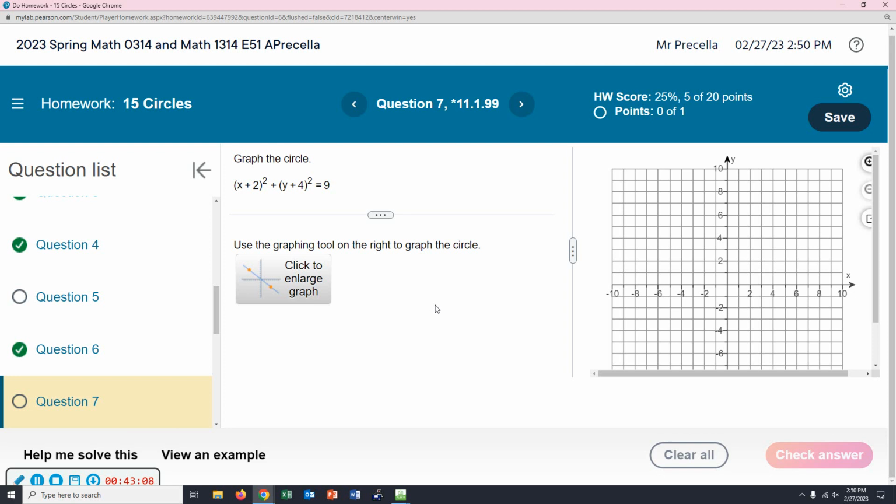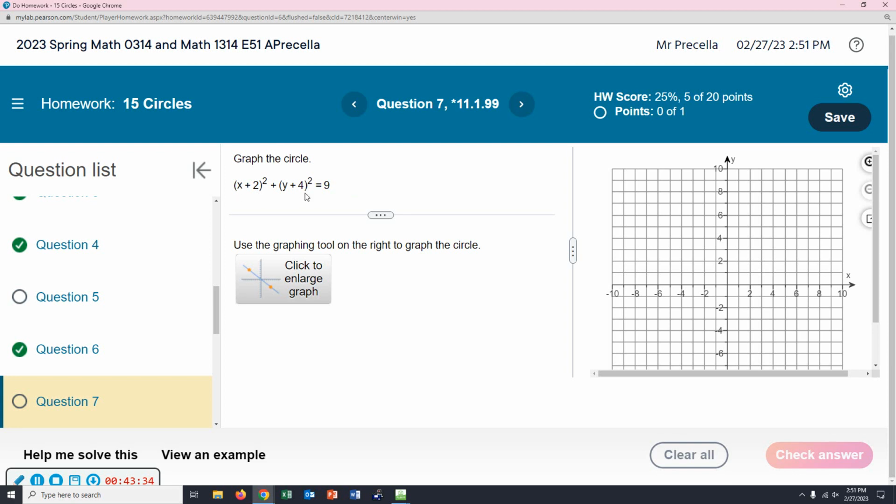x plus 2 squared plus y plus 4 squared. This is one of those questions a lot of times students will say, well, I can do that one faster than you. I can just look at the problem and say the center and radius. Well, yeah. What is the center and radius going to be?